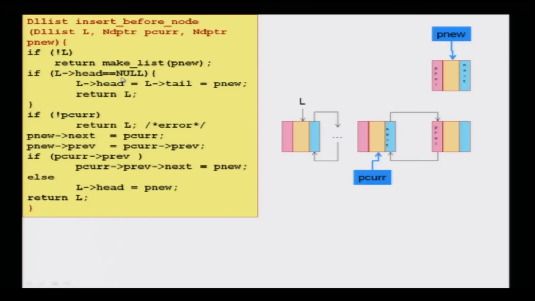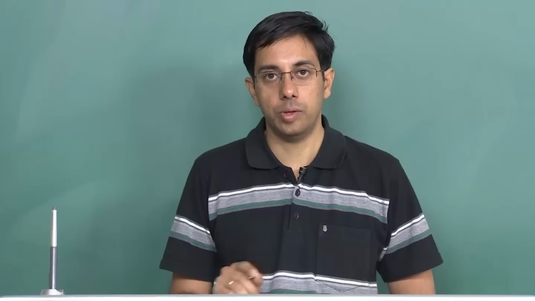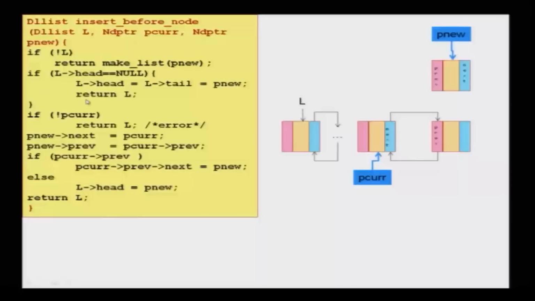Okay. Now, if the head of the list is null, then you just say that the new list contains only one node, L head will point to new, L tail will point to new. So, if the list itself was null, then you create a new node. Now, the new list contains only one element. So, the head will point to that and the tail will also point to that, okay, and you return that.